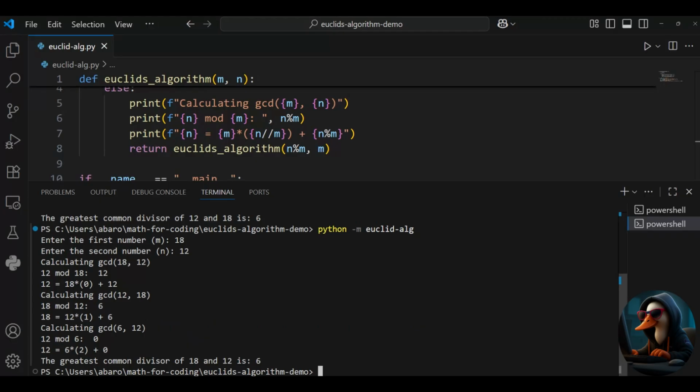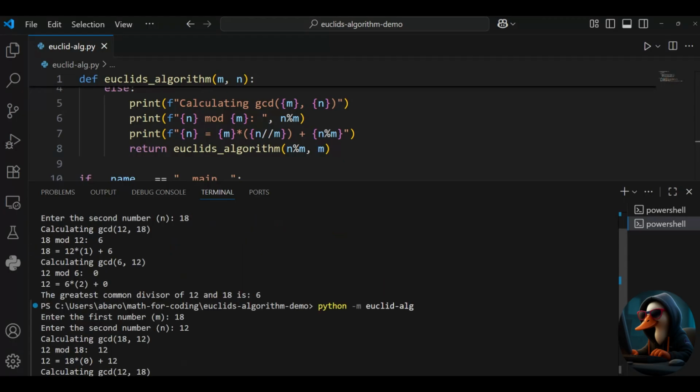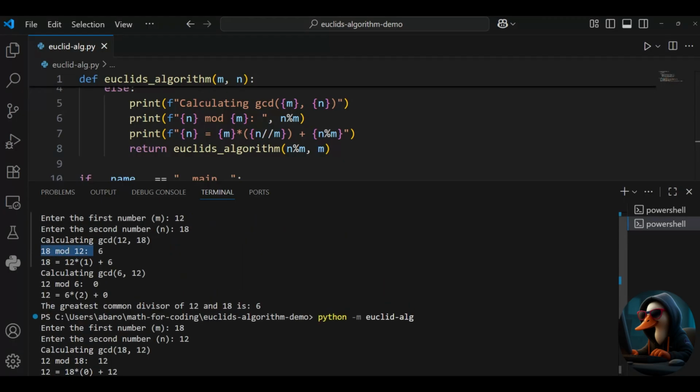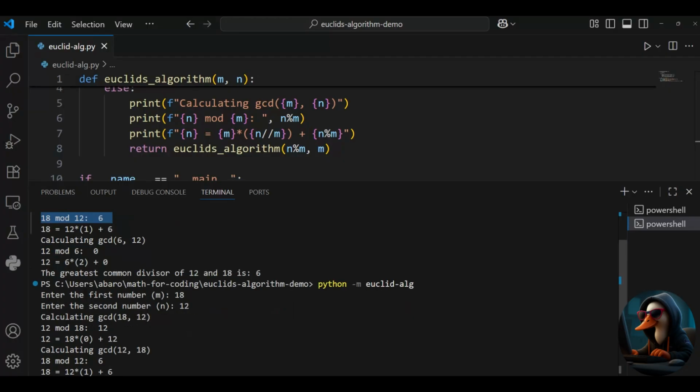But what you notice here is there's actually an extra step, because at the very beginning, originally we were calling 18 modulo 12. So we were doing 18 divided by 12 and getting the remainder of that.